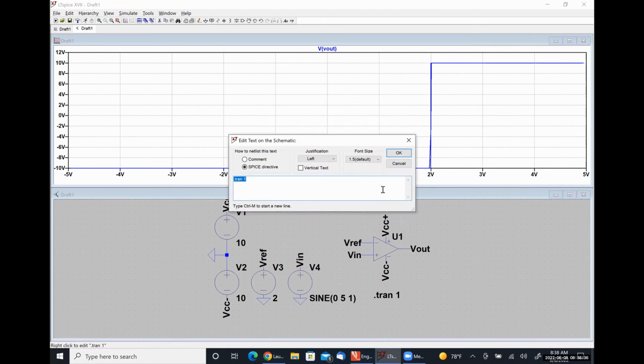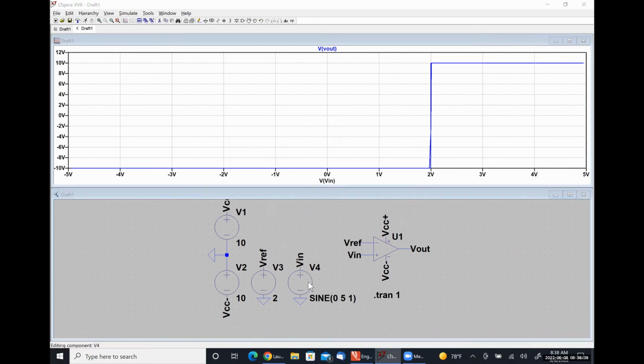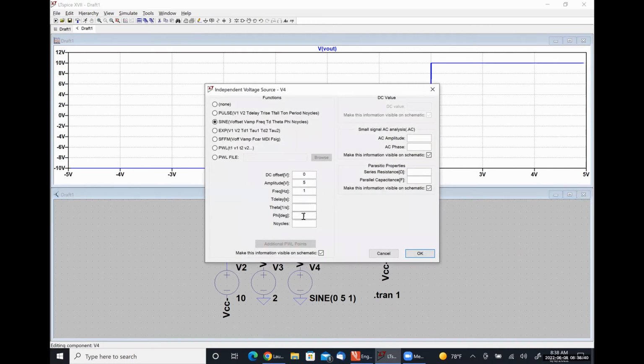So how I'm going to fix that is, let's add a 90-degree phase shift so that instead of starting at 0, it's going to start at either negative, leave this positive 90. It's going to start at either positive 5 or negative 5.